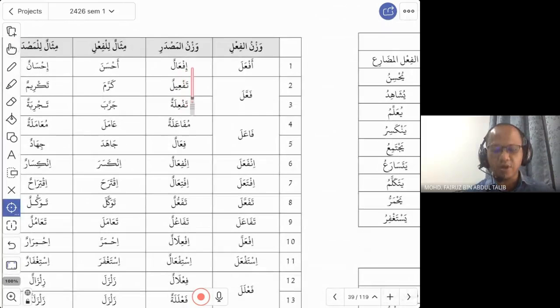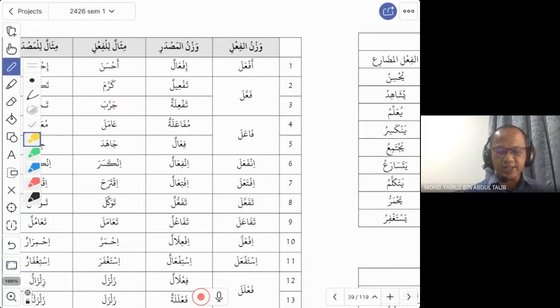This is the verbal noun of the verb if it is following the wazan af'ala. So af'ala, fi'il madi, fi'il mudari, it is yuf'ilu from the previous table, and this is the masdar, that is if'al. So you have to memorize this. Af'ala, yuf'ilu, if'al. Madi, mudari, masdar.